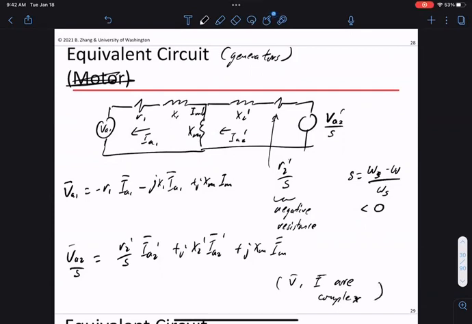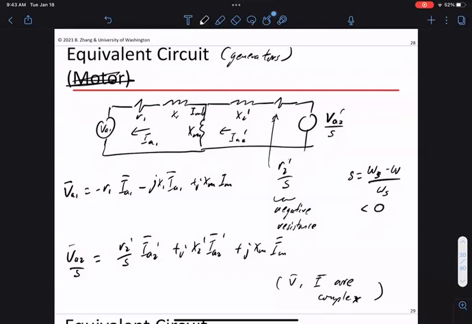Sometimes when doing the computation you tend to forget this, and then the numbers will be way off. If you don't include J, things like that, the numbers will be way off. So just remember, these are complex circuits, so these are complex number calculations. Otherwise, it's just looking up the equations we have.